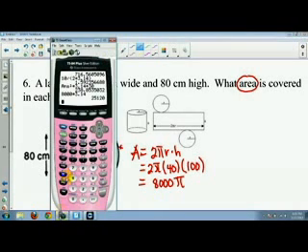Let's use the calculator. So we have 8,000 multiplied by 3.14.